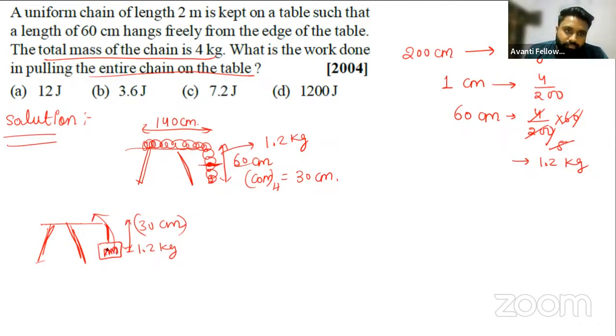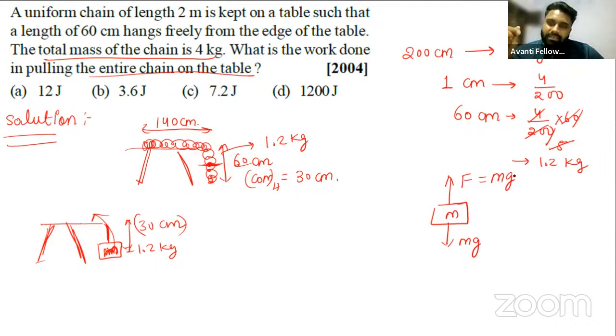You have to pull that block, so at least you have to apply the same force which this mass is exerting. This block of mass M is pulled by the gravitational force, which is mg, so you have to apply a force exactly equal to mg so that you can pull it.